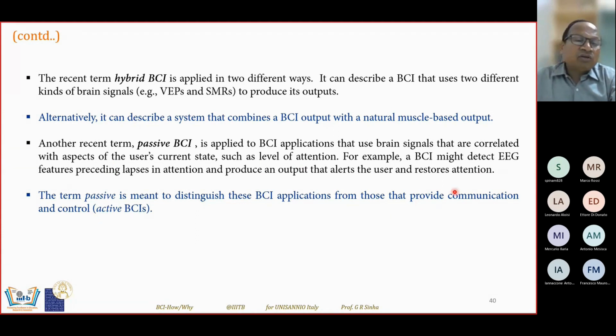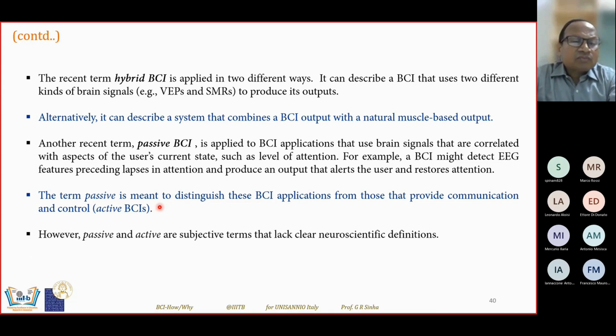Those are active BCIs, where you get communication and control directly from the BCI output. You don't need to generate another alert or other kind of signal. It directly interprets either commands or some communication feedback signal, for example. So active and passive are both subjective terms and lack a clear neuroscientific definition.